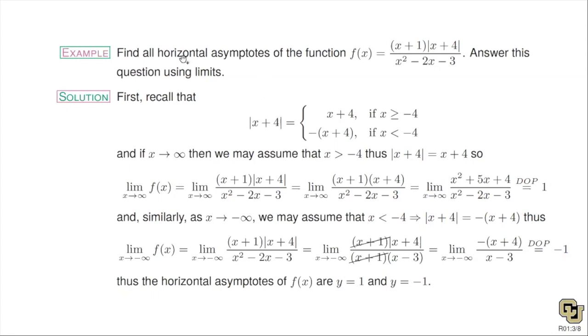For horizontal asymptotes, we're sending the x variable to plus and minus infinity and seeing if the limit exists. If the limit does not exist, if the limit is plus infinity, minus infinity, or DNE, then there's no horizontal asymptote. In this case, we have a horizontal asymptote in each direction.